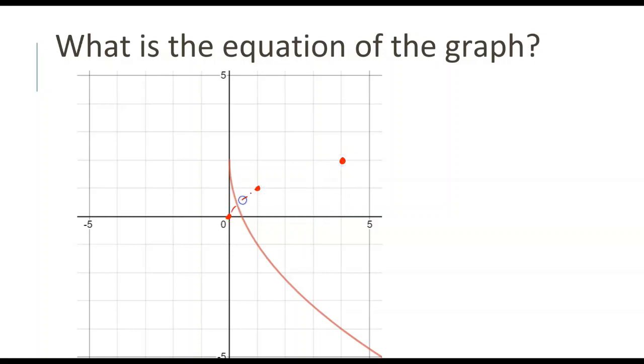This is what we're starting with, yeah? So then if I'm looking at this new function, it looks like it's been flipped. It's been reflected for sure. So let's write that down. It has been reflected across the x-axis.